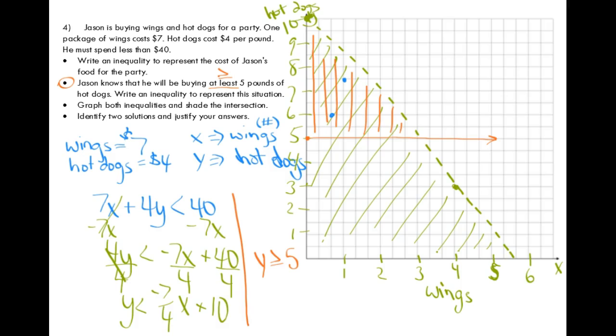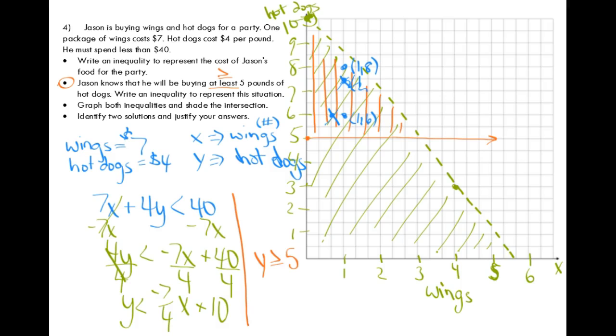Actually, no, I don't want to pick those because I chose something that's not exactly on a whole number. So here, not this one. And yeah, why not this one? So the first one is 1, 6. The other one is 1, 8. I picked a decimal for that one too.